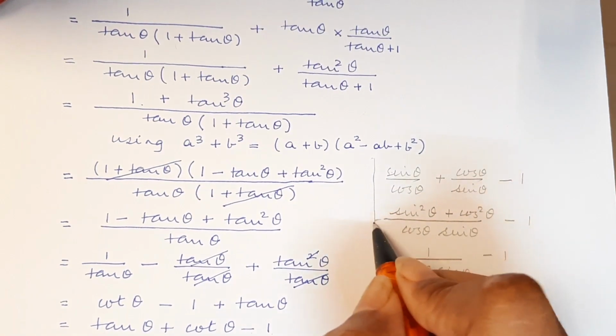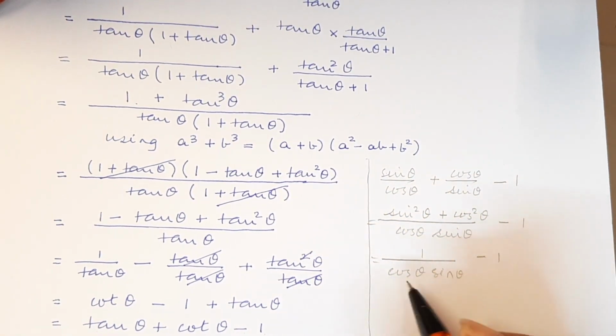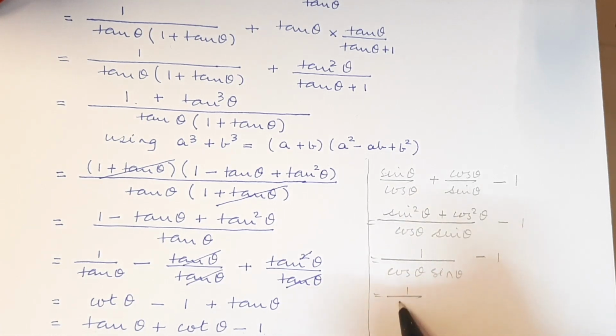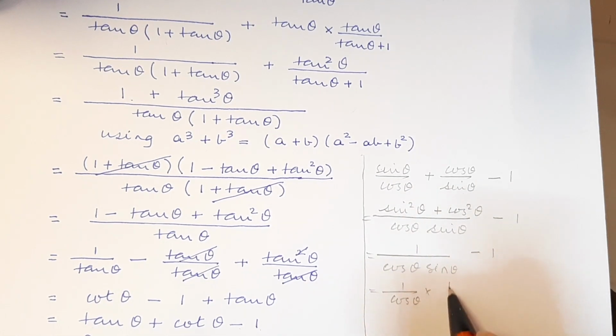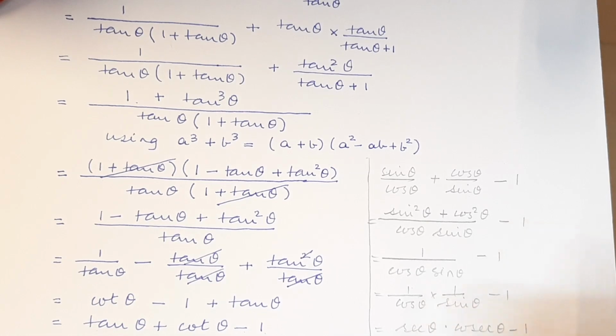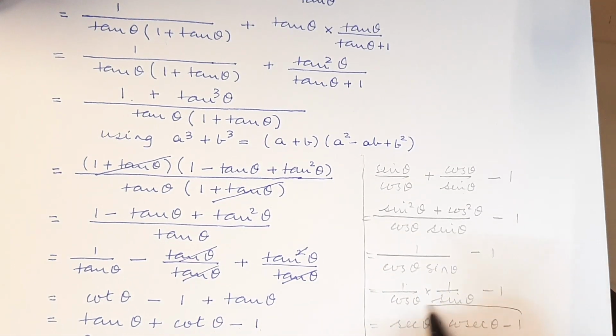So that is going to equal 1 upon cos theta multiplied by 1 upon sine theta minus 1, and so it becomes 1 upon cos is sec theta multiplied by 1 upon sine theta is cosec theta minus 1. So instead of giving you the RHS, that right hand side, as tan theta plus cot theta minus 1, the examiner will give you this.